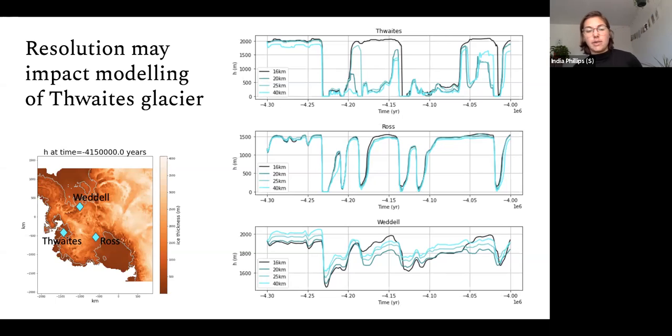So if your models are running at 40 kilometers, you might be overestimating collapse of Thwaites, at least, which is a smaller ice sheet. It makes sense that at higher resolutions it's not modeled to collapse as much because it's a more complicated area when compared to Ross and Whillans. All right, and that's it.